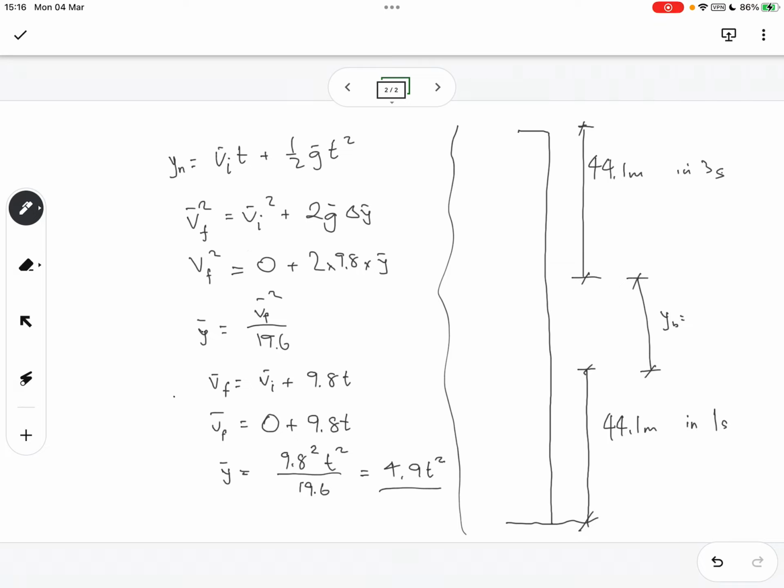We also have another distance here, which we'll just call y in between.